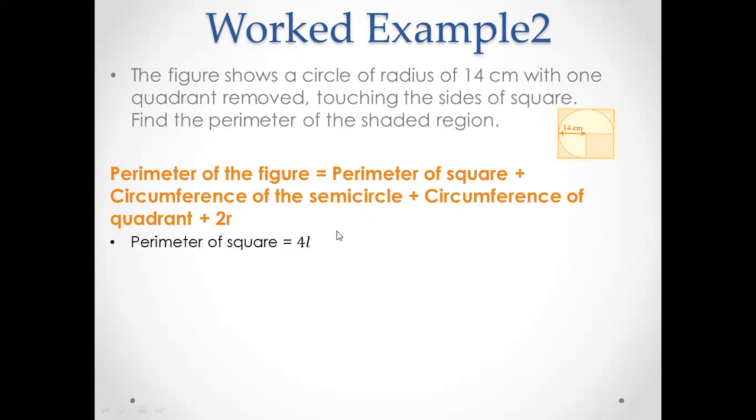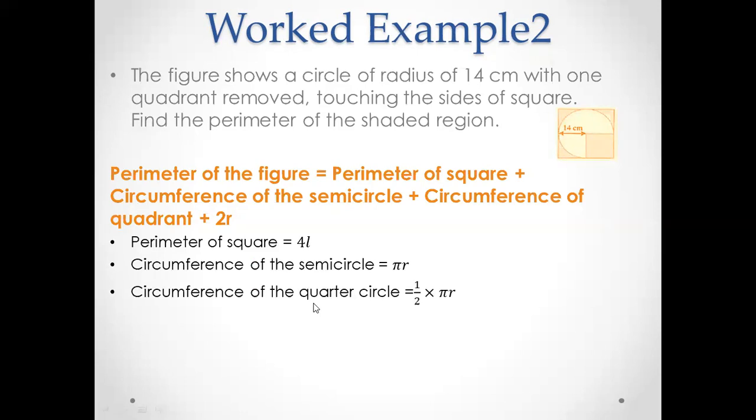The perimeter of a square is 4L. The circumference of a semicircle is pi r. The circumference of the quadrant is 1 upon 2 pi r. Now we will substitute the values.